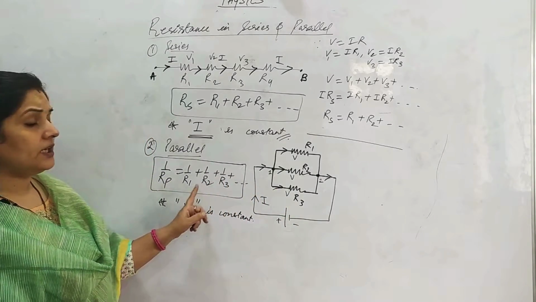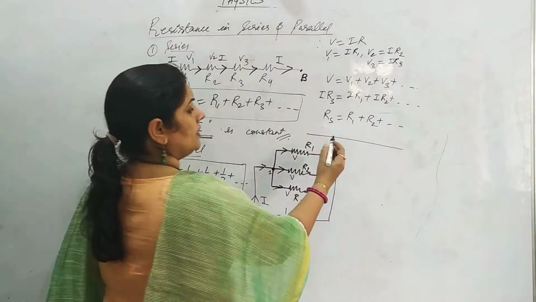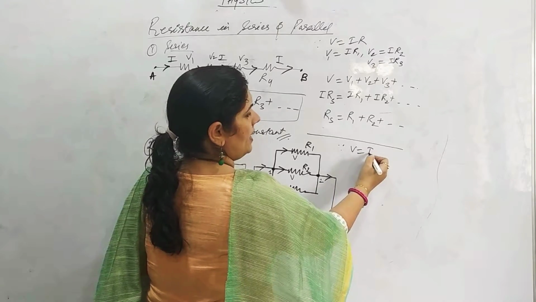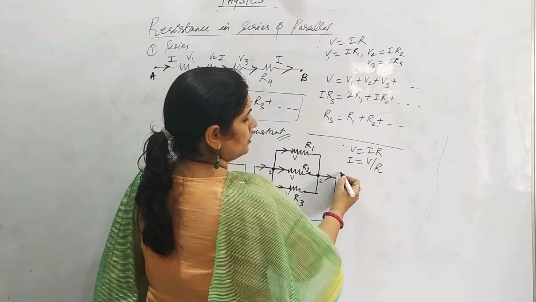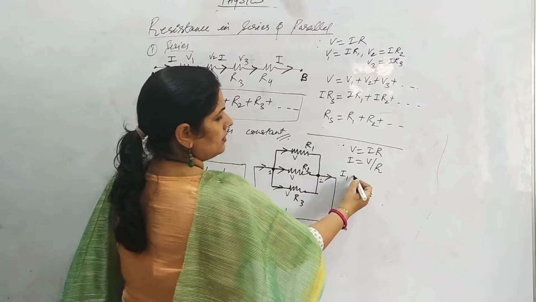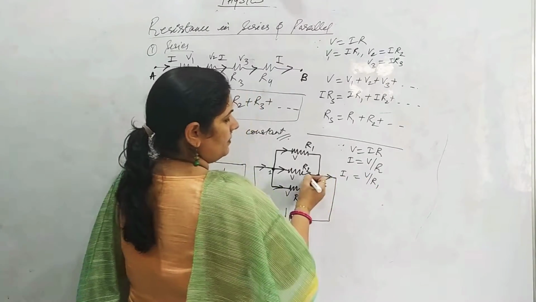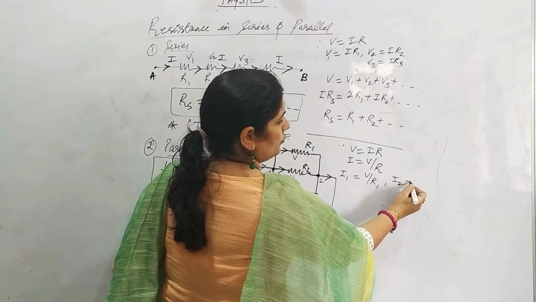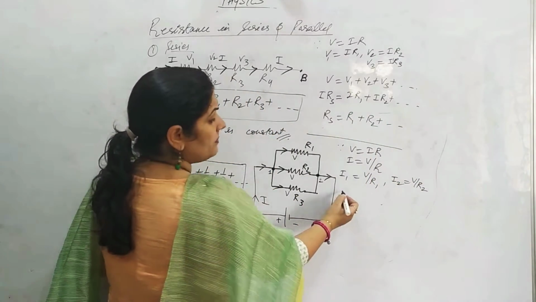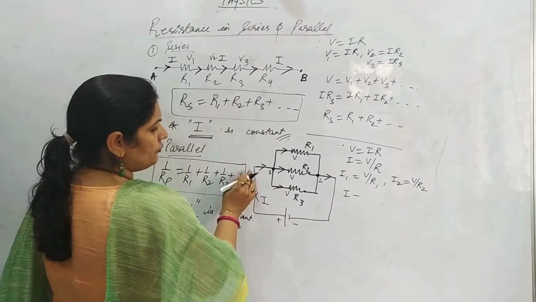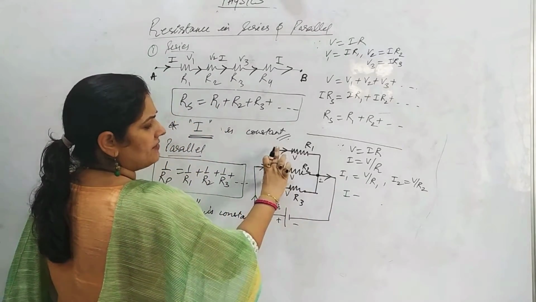And why do we get this relation? We know that V is equal to IR. So I is equal to V by R. So what will be I1? V by R1. What will be I2? V by R2. Similarly, V by R3 and so on. What will be the total current? Current came from here, got divided into 3 parts, I1, I2, I3.